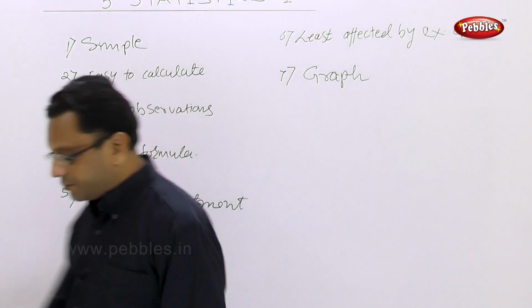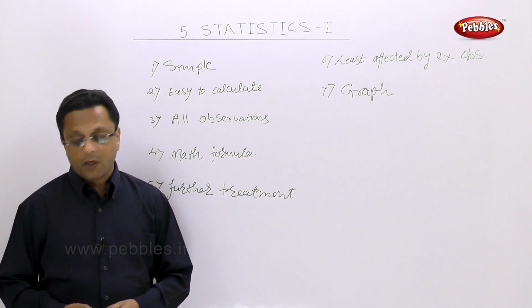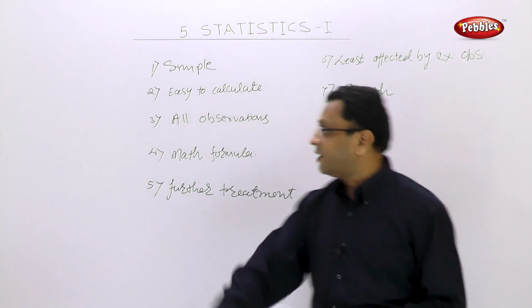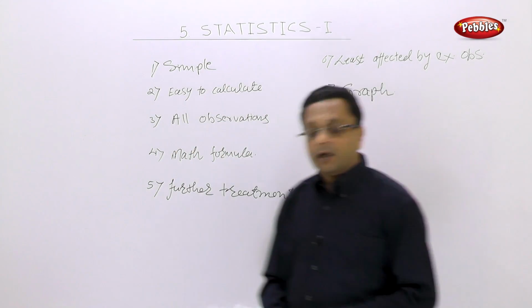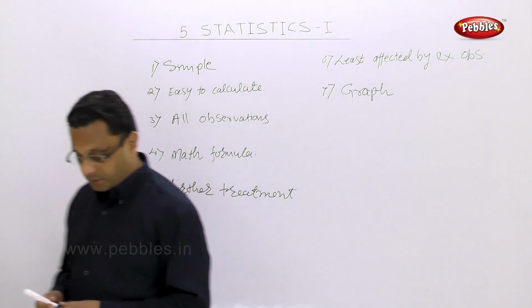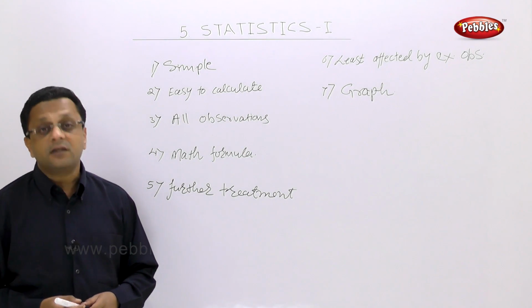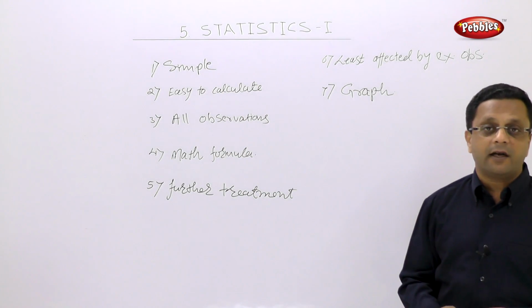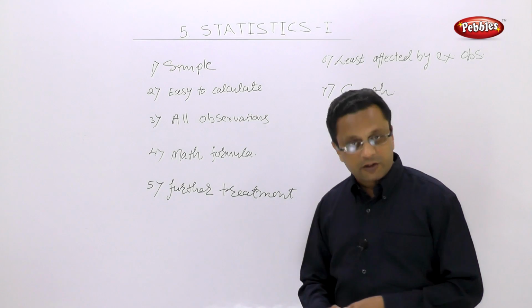Now let us see about the mean. In case of mean, the mean satisfies the first 5 requirements. That means mean is very simple to understand and calculate. Calculations are very easy.